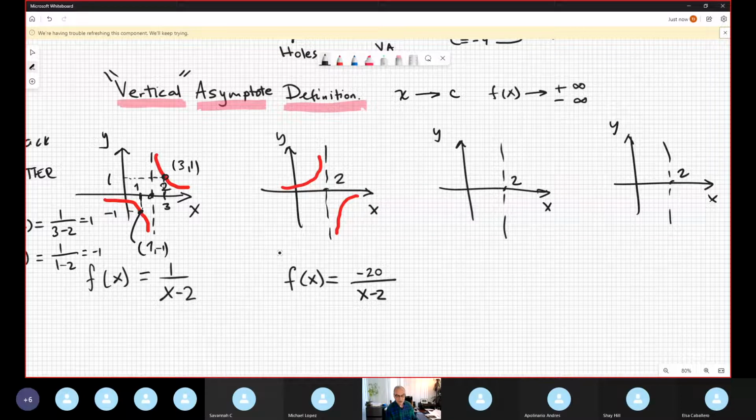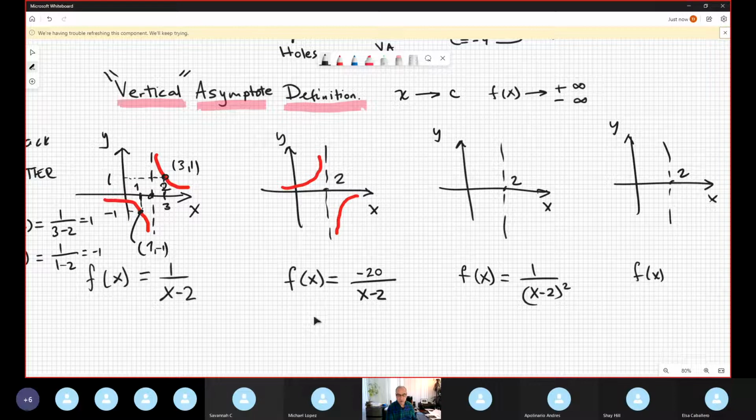I promise in a few seconds we will do an example and understand much better. This is a theoretical introduction. Now suppose another possibility: f of x equals 1 divided by x minus 2, but squared.